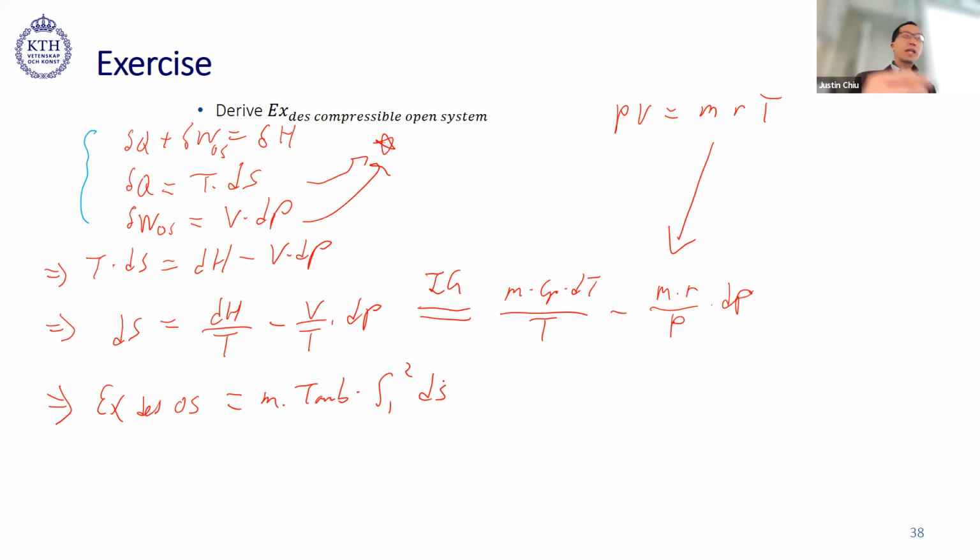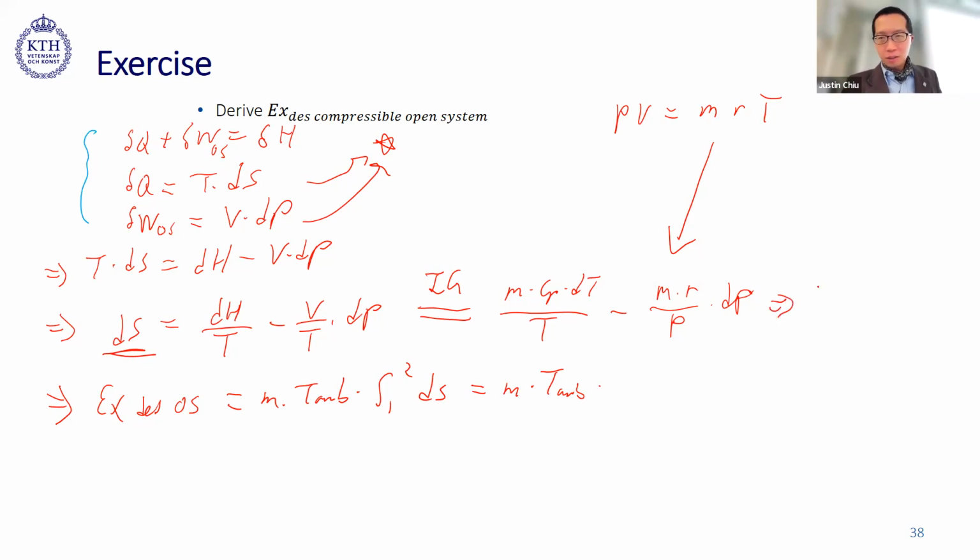So from entropy, you get to calculate the destroyed exergy. And this one is m T ambient, and if you integrate everything here, you have a log. Also, this is a big S. If you want to write it in small s, you just remove the mass.